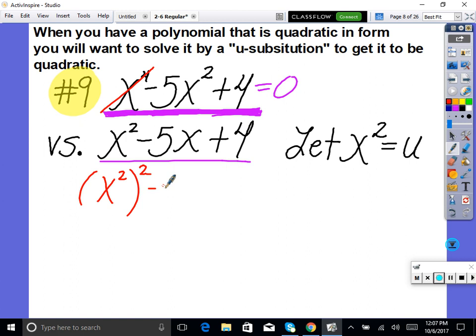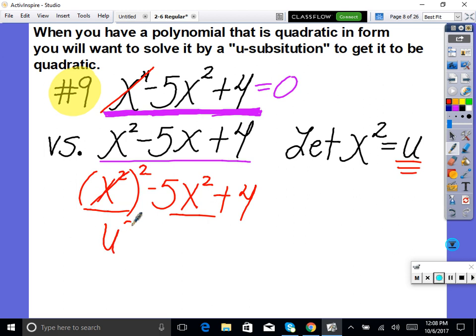And then we have minus 5x squared, and then plus 4. Now look, in my equation I have an x squared, I have an x squared. So we're going to replace all x squareds with a u. So let's rewrite this. This becomes u squared minus 5u plus 4.